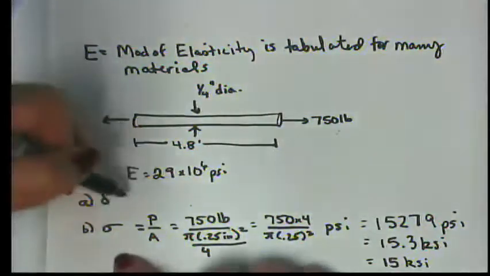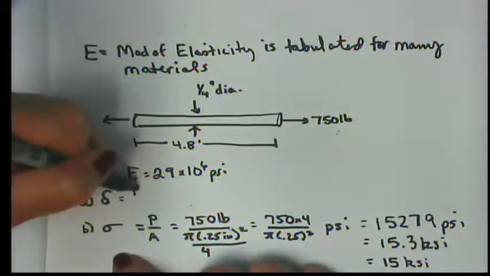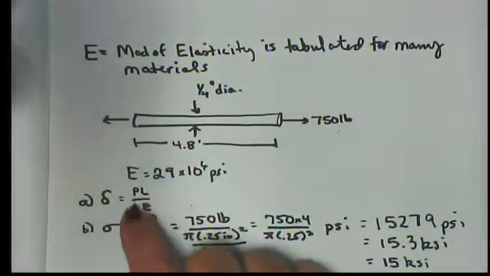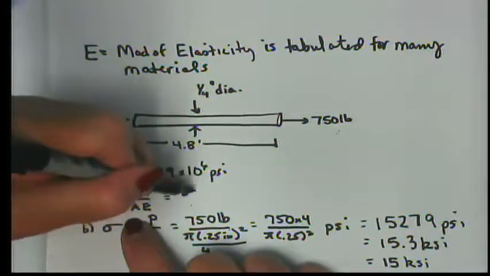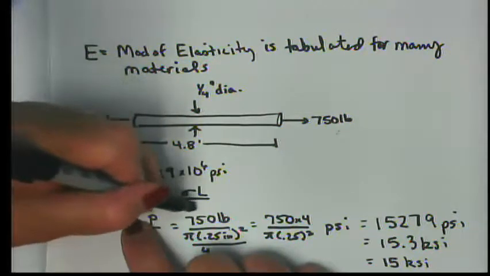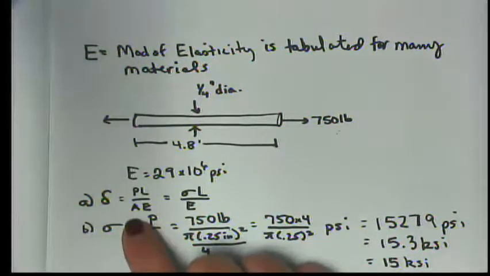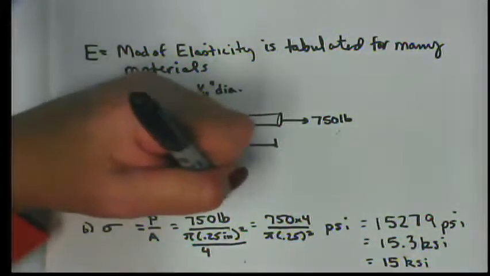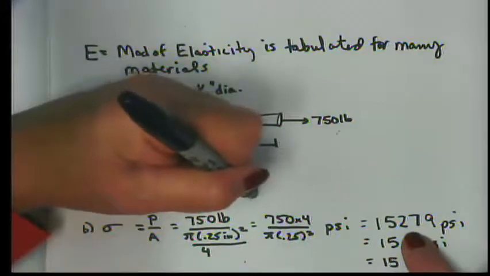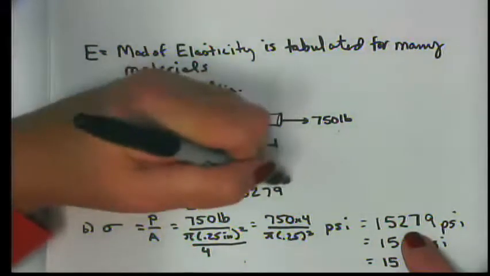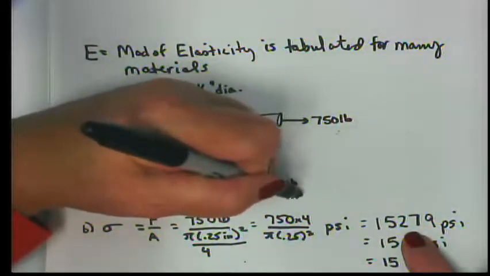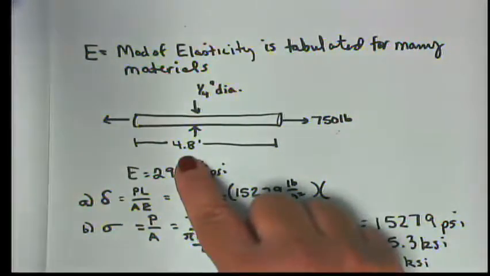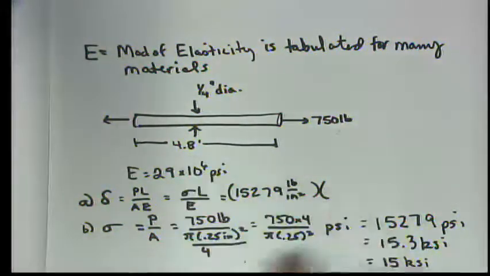All right. So I'm given the equation delta is equal to PL over AE, but I already have P over A, which is sigma, so there's no point in reinventing the wheel on that, is there? Okay, so I know sigma. I'm going to put that in as the more significant figure number, pounds per inch squared. Now my length is reported as 4.8 feet, okay?